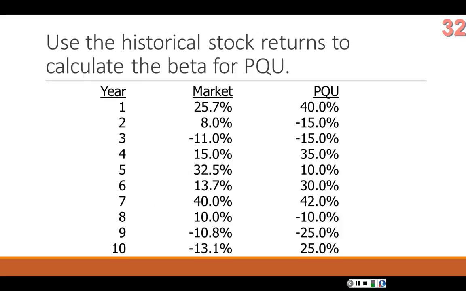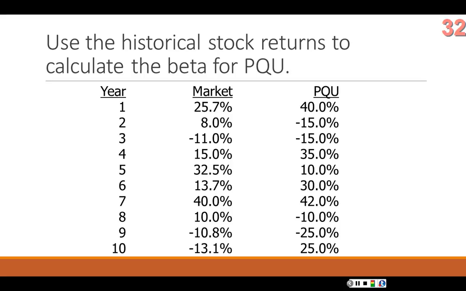So if we have a security, the PQU, and we're comparing it against the market, we can calculate the beta. We can do this in Excel. You would simply plot the market return on the horizontal axis and the PQU return on the vertical axis.